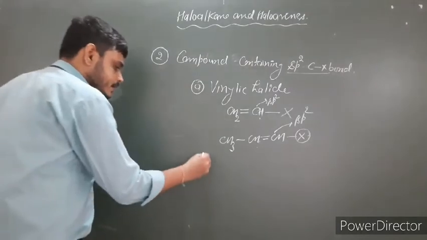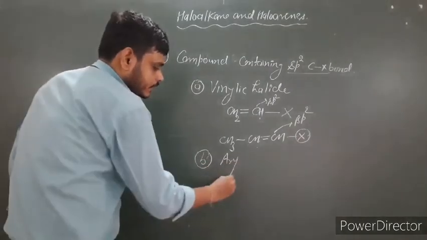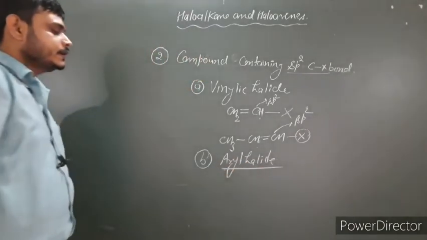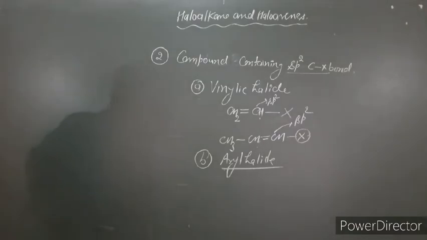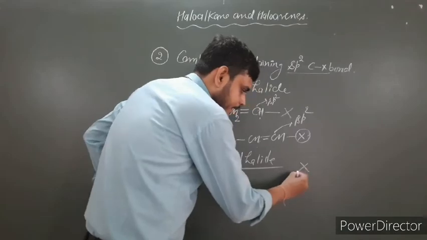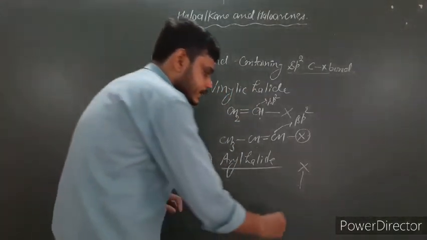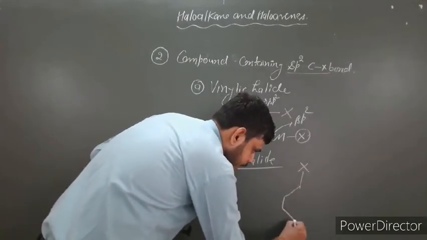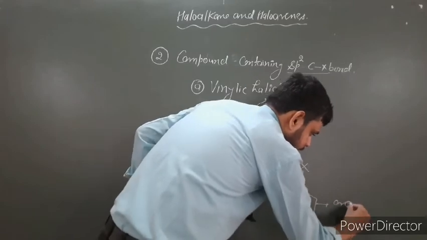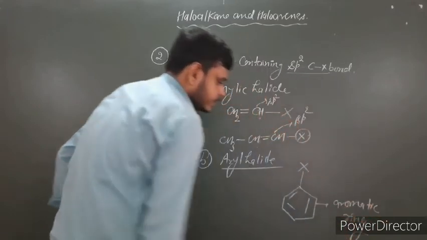Now second type is the aryl halide. In this type of halogen derivative, the halogen atom is directly attached with the sp2 hybridized carbon of aromatic ring, that is the benzene ring. Clear?